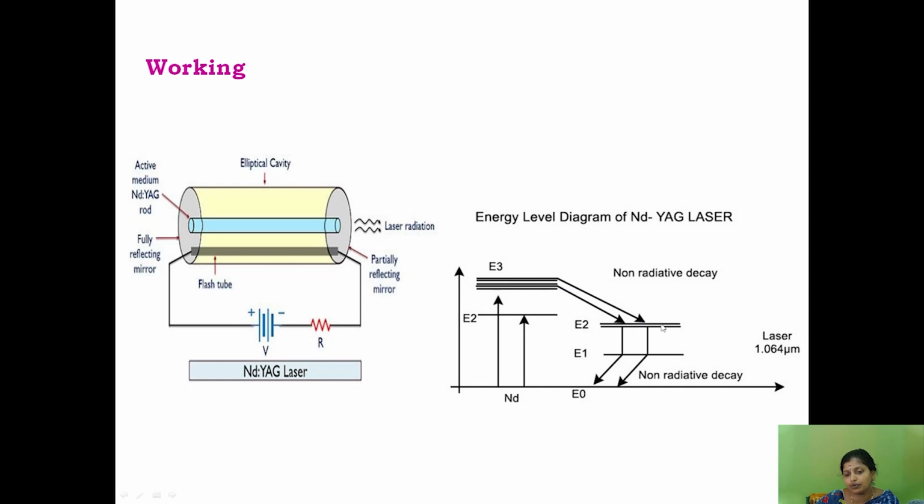This metastable E2 level is stable for only 10 power minus 3 seconds. Suddenly these Nd3+ ions return to the ground state, two light beams are emitted, and laser beams are produced. The laser output wavelength is 1.064 micrometer. The remaining Y3+ and Nd3+ ions return to the ground state through non-radiative decay, without changes.